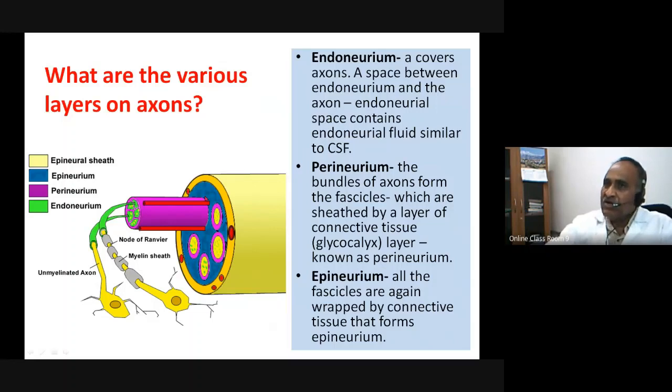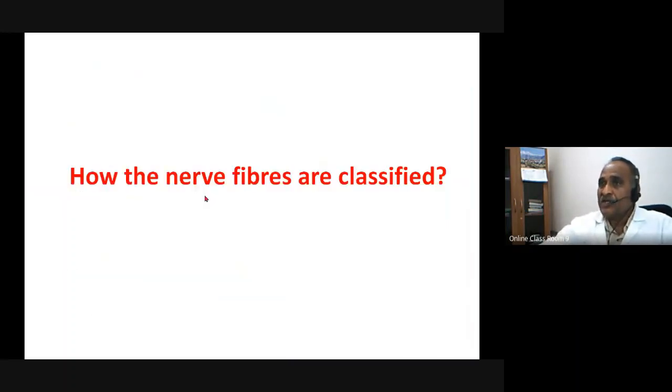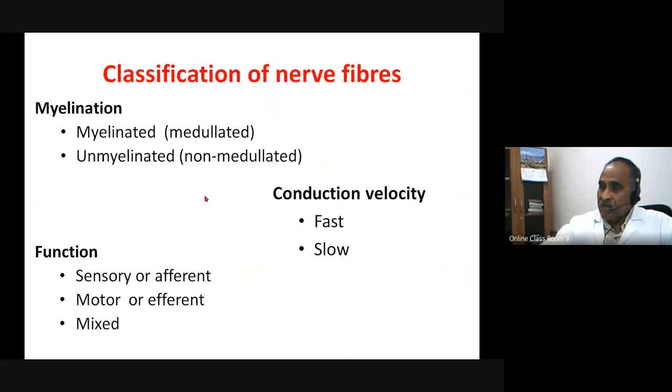Now moving on, understanding these layers becomes important in terms of nerve injury, whenever we want to classify nerve injury. Now, how are the nerve fibers classified? They are classified according to myelination.